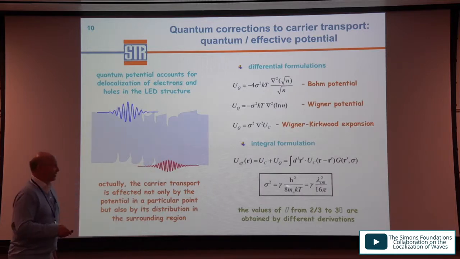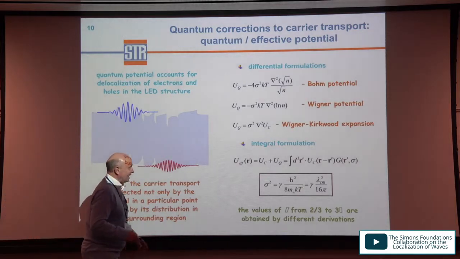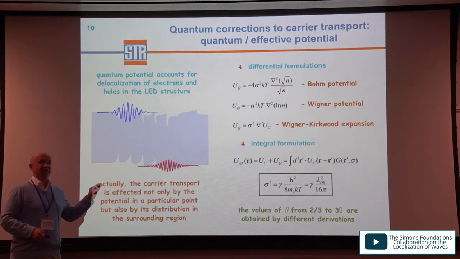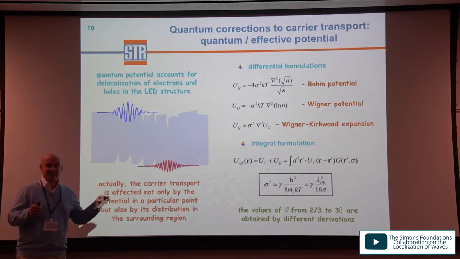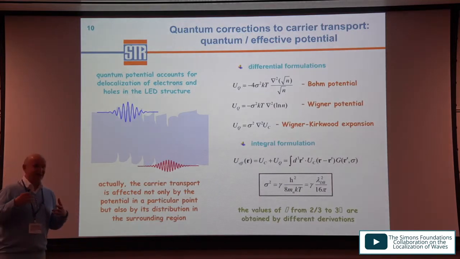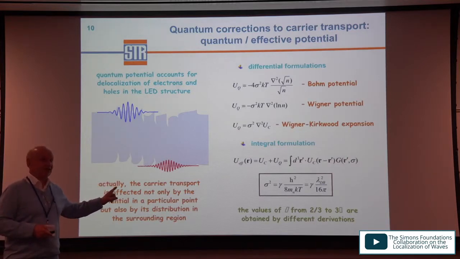But there is some numerical constant, gamma factor, and gamma factor depends on the particular form of the effective potential. And it is related to different approaches, a different assumption used in derivation of these quantum corrections.